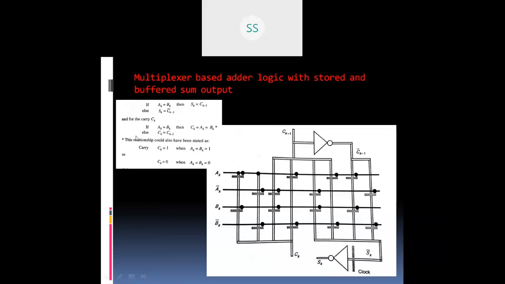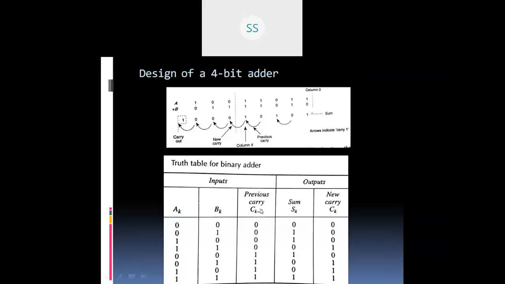Else, if AK is not equal to BK, SK will be equal to CK minus 1 bar. This is true from the table also.